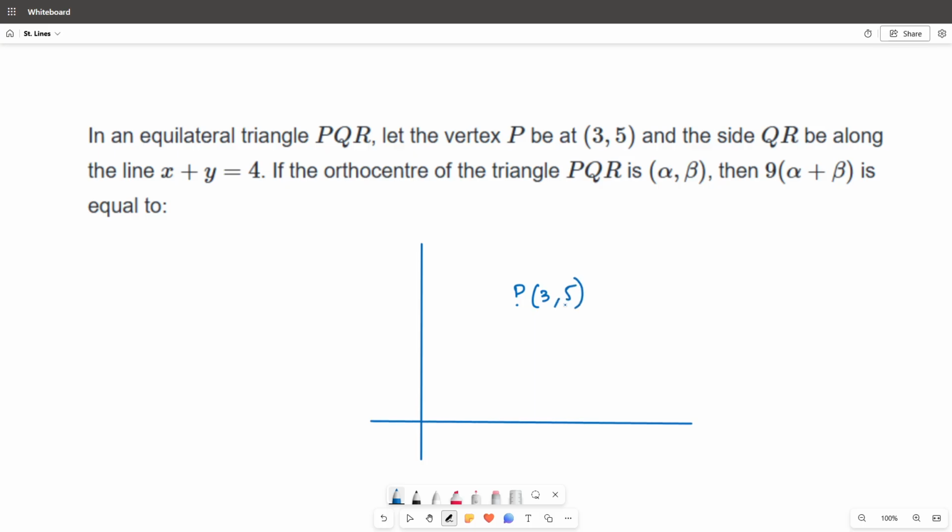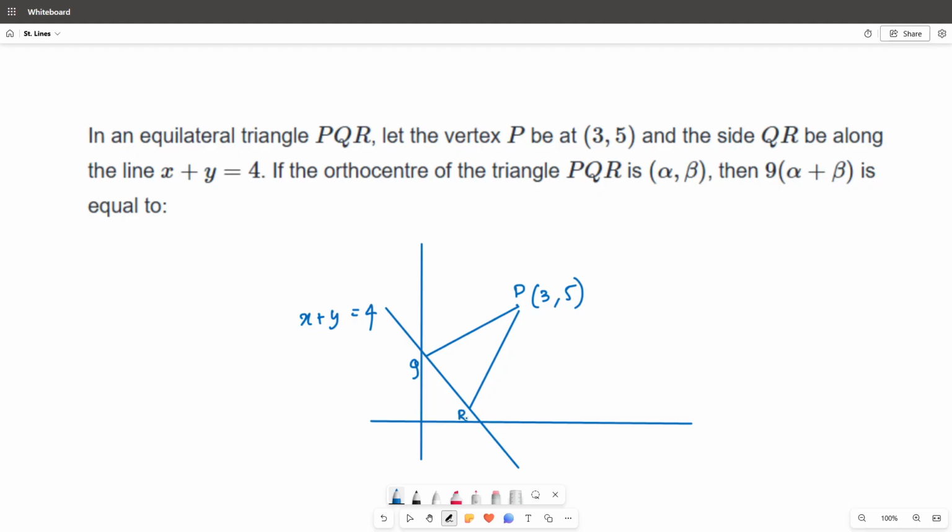Next it says the side QR be along the line x plus y is equal to 4. So let this be the line x plus y is equal to 4, and it's an equilateral triangle and the QR lies on this x plus y equal to 4 line. So this is Q and let this be R.